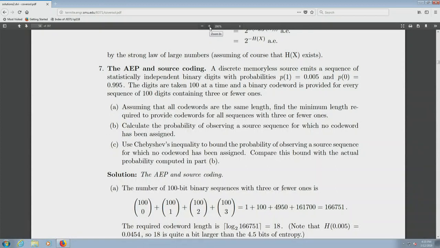How many words are there in the 100-bit thing? Oh, there's a lot of words in 100 bits, right? But we're not going to take all hundreds. We're just going to take ones with 3 or fewer.